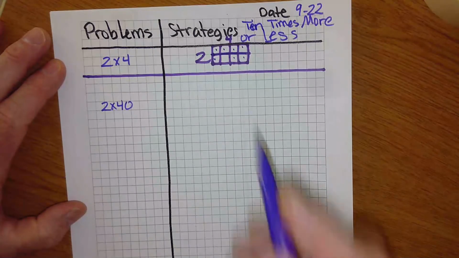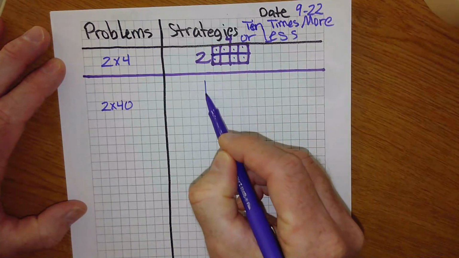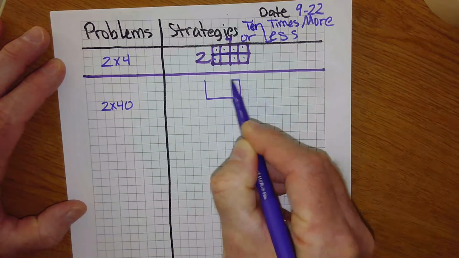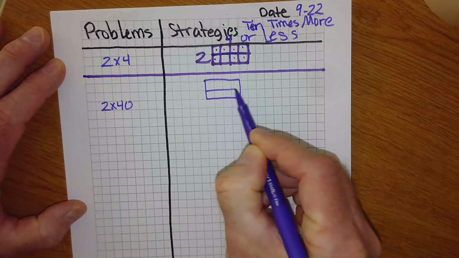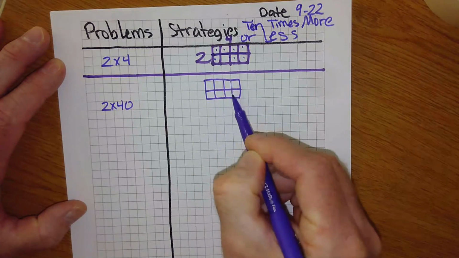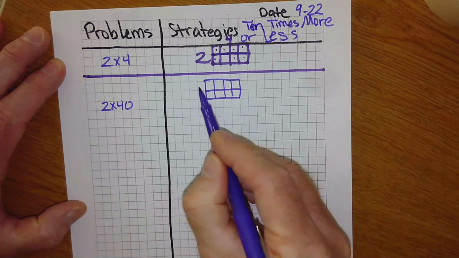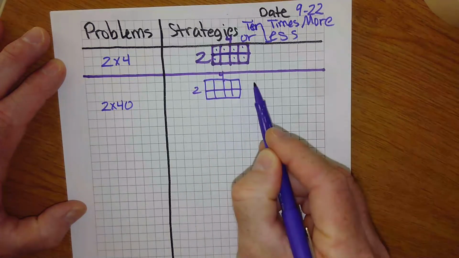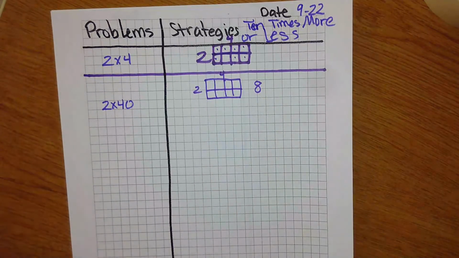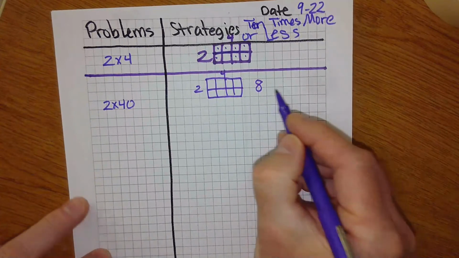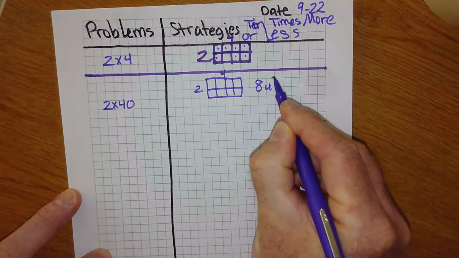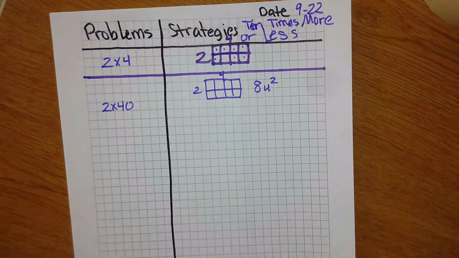I'm going to draw the array I just did right above it, with my 2 rows of 4 squares each, equaling, we said, 8. So the area of this rectangle is 8 square units, because when you do area, you're figuring out how many squares fit in the shape.